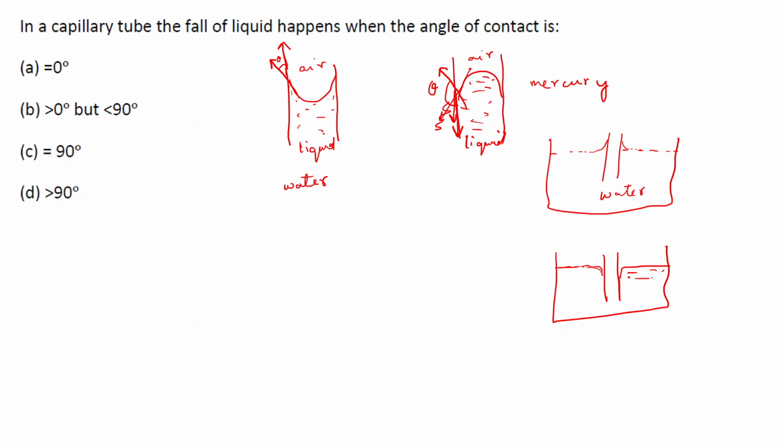Here it will be flat and it will fall here. So the fall of liquid happens when the angle of contact between the surface and the tangent to this shape is more than 90 degrees. It's less than 90 degrees for the concave shape, and more than 90 degrees when the liquid behaves like this. So the answer is when the angle is obtuse.